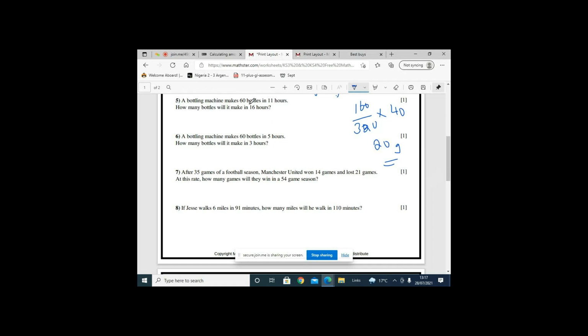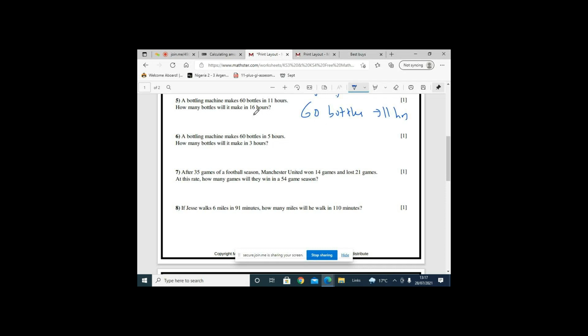A bottling machine makes 60 bottles in 11 hours. How many bottles will it make in 16 hours? So 60 bottles is for 11 hours.